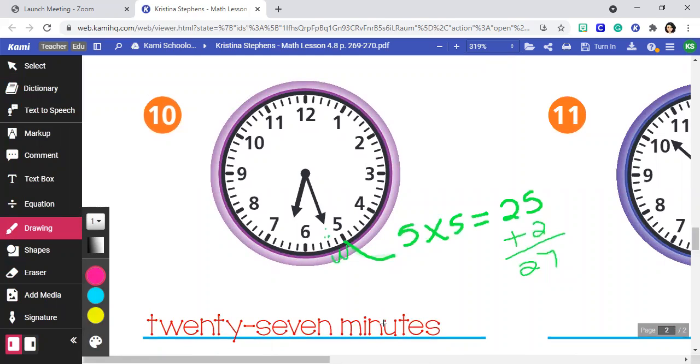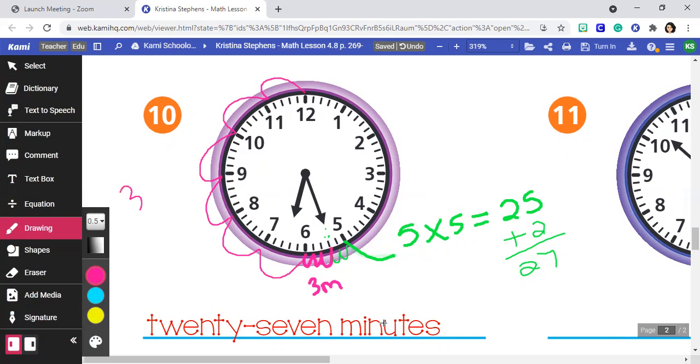And if there were 2 minutes after the hour that this was pointing to, that means if I keep going, I've got 1, 2, 3. So there were 3 minutes here. Well, if I want to keep going, I think I'm going to go backwards here. 5, 10, 15, 20, 25, 30.